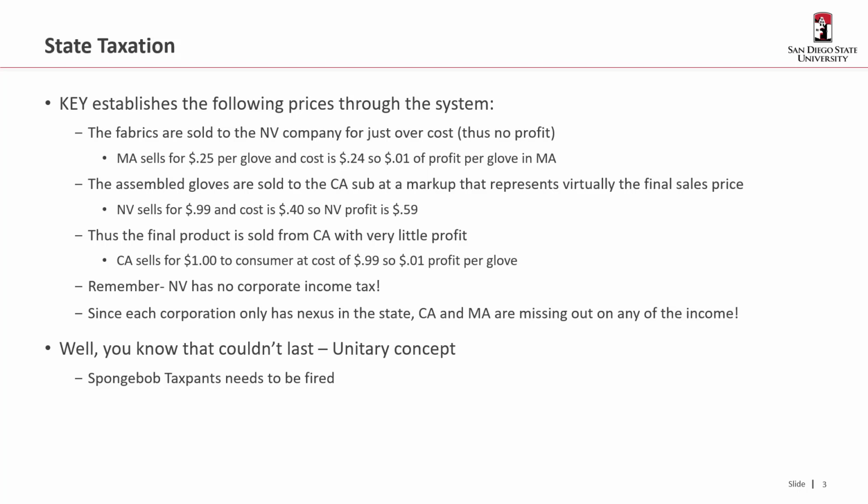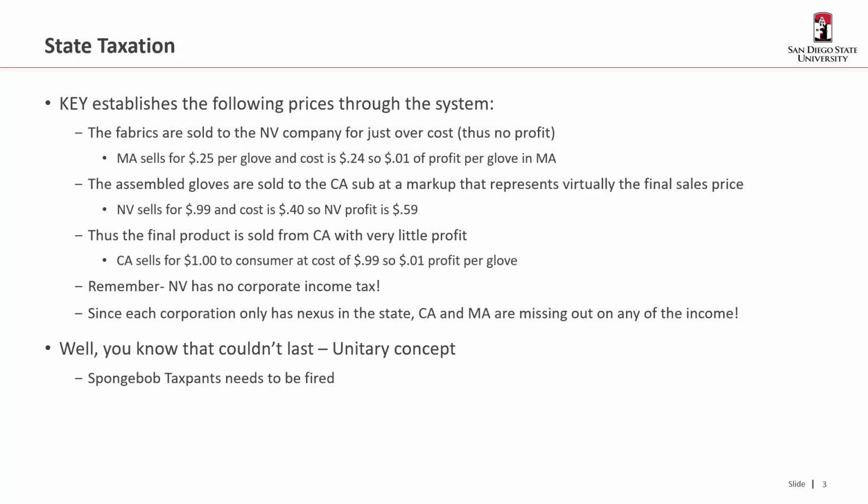So the profit in Nevada is a whopping 59 cents per glove. Lastly, the final product is sold out of the California distribution center. Let's say they typically sell those for $1 to the consumer. Since California bought them at 99 cents, they are making a penny profit per glove.